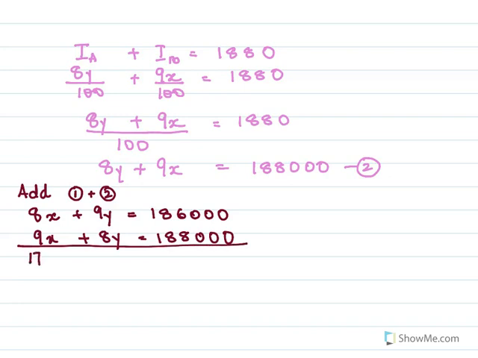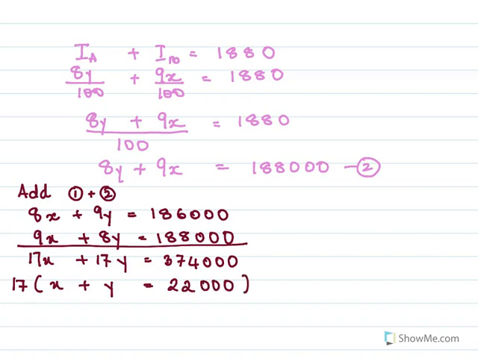On adding, I don't change the sign, so I get 17x plus 17y equals 374,000. I'll take 17 common out, so x plus y equals 374,000 over 17, which will be 22,000. So my equation is x plus y equals 22,000, and that is my equation 3.